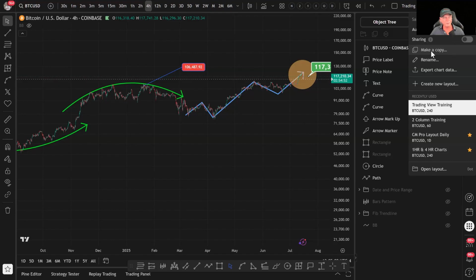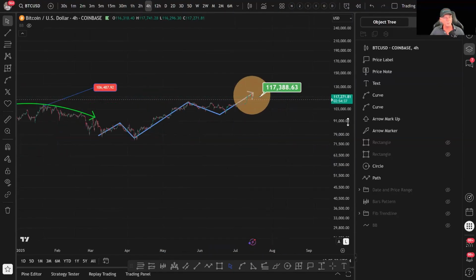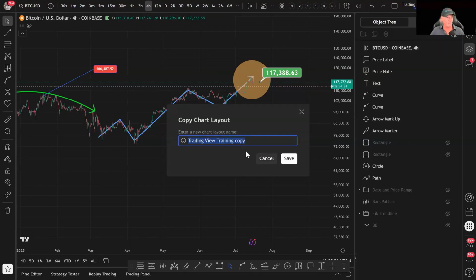So what I'm going to do, and then I'll show you the multiple versions, you can also create a new chart here, and maybe that's best. So we'll go create a new layout, or you can do make a copy. Let's do both. Let's say you have a chart and you really like it and you want to do some different studies. You can go in here and do a make a copy. And TradingView training copy, there we go. And that way you can have multiple tabs open.